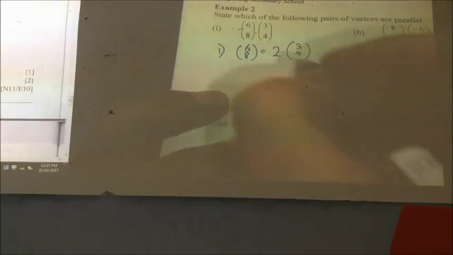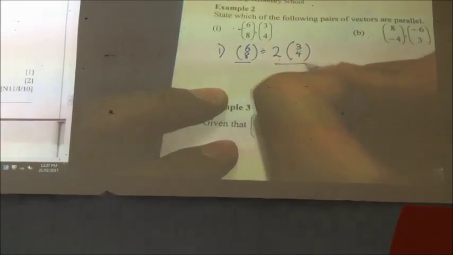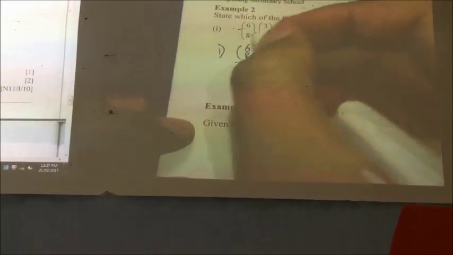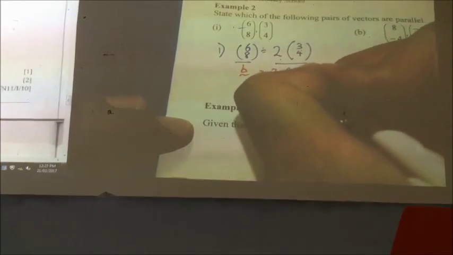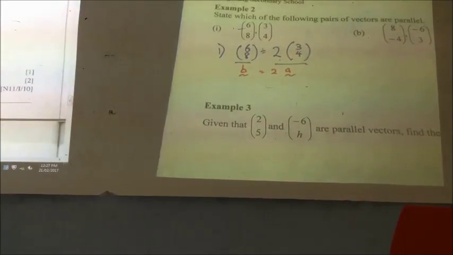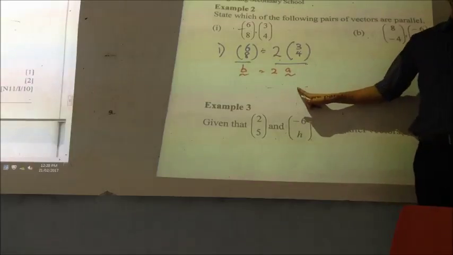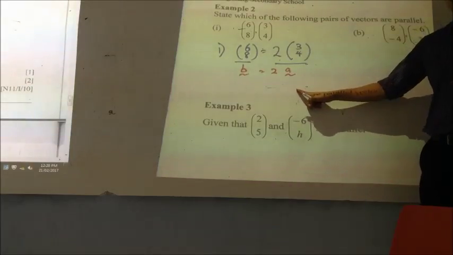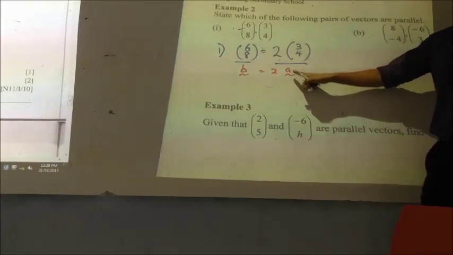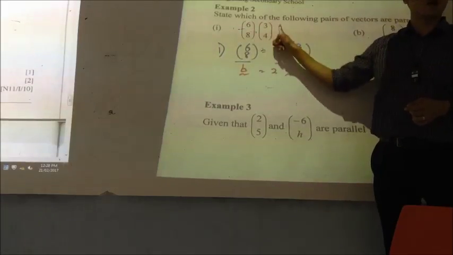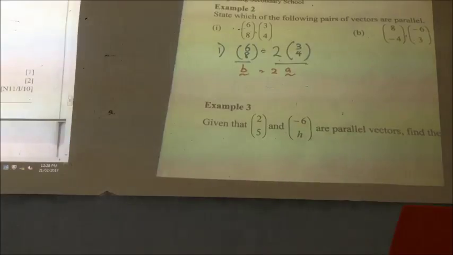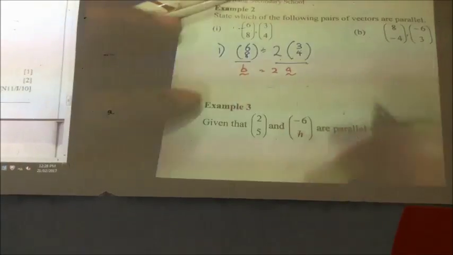How to present an answer? This is how you present. This is equal to this. It is something like vector B is equal to 2 times of vector A. Can you see that? Follow? Am I confusing you? No. So this is my B, this is my A. So are B and A parallel? Yes. So this is how you write.